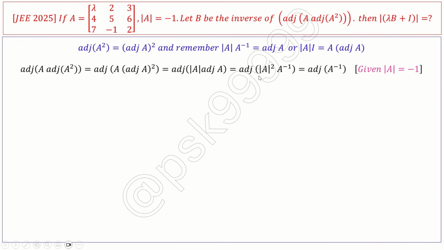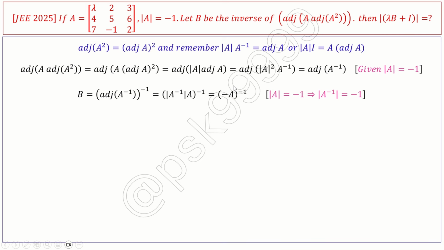Now simplify this further. Determinant of A into adjoint of A, you can get as determinant of A square into A inverse. Because determinant of A is given as minus 1, I am replacing it, so this is nothing but adjoint of A inverse. Now all I need is the inverse of this, because B is the inverse of this value.